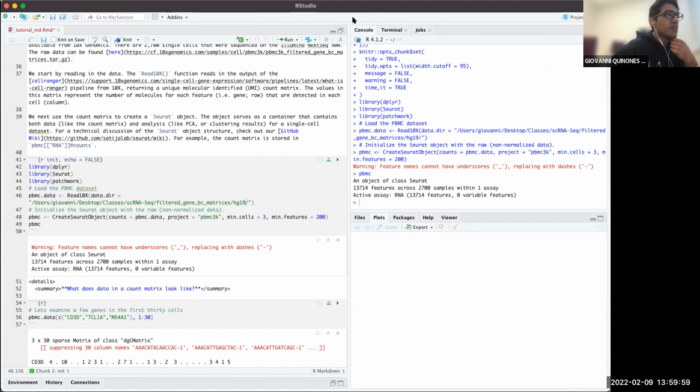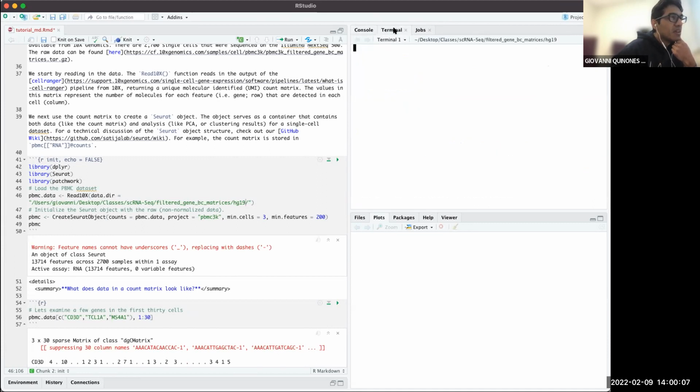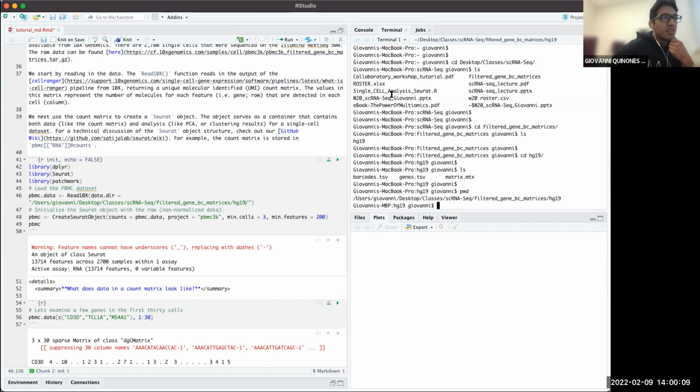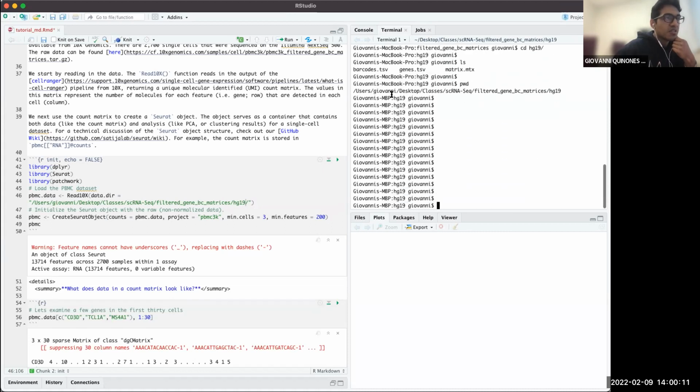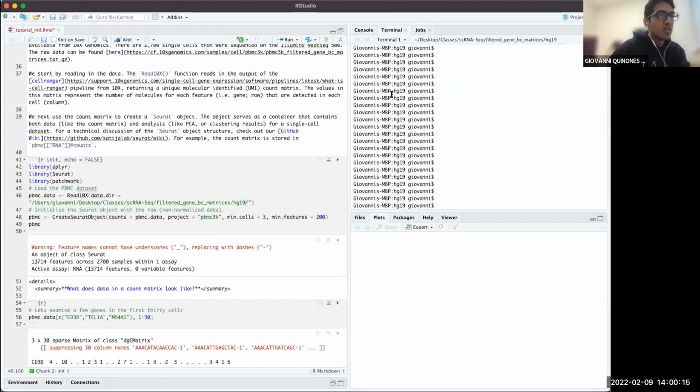The easiest way, in my opinion, is to go to this terminal panel. If you're familiar with the Unix command line, if you type cd, this will take you to your root directory, which in my case is /user/Giovanni.